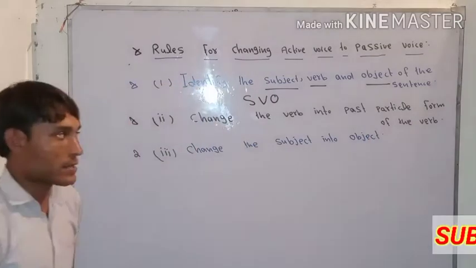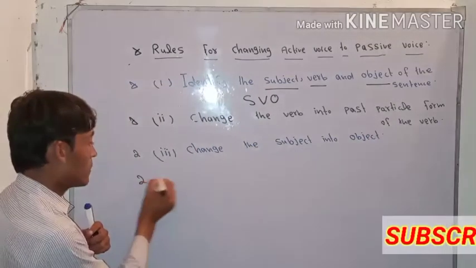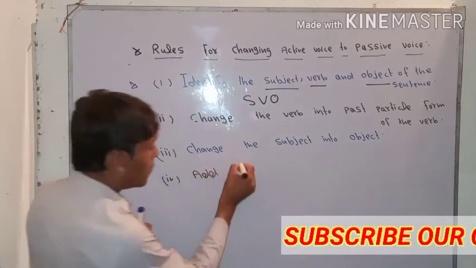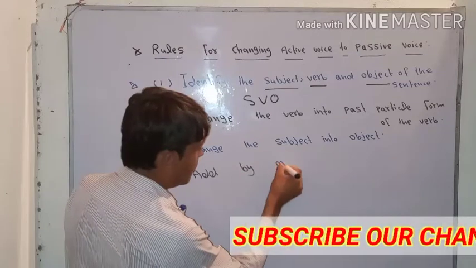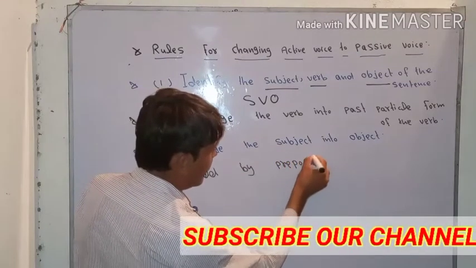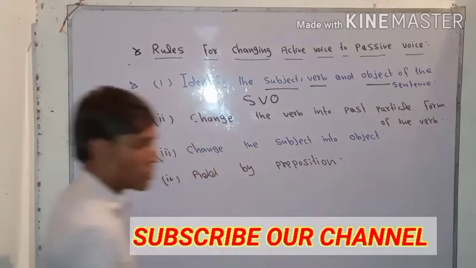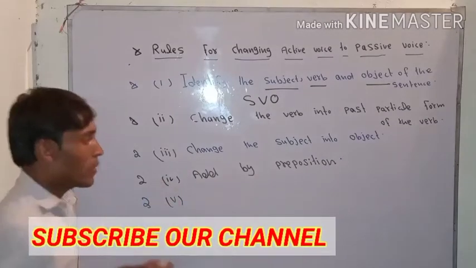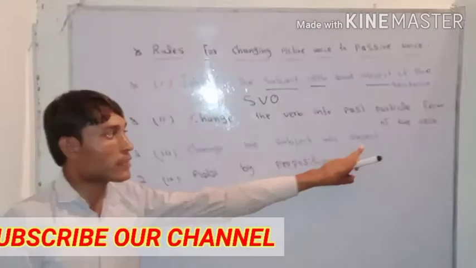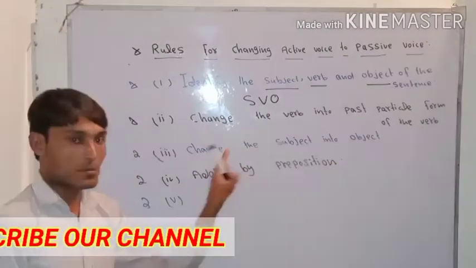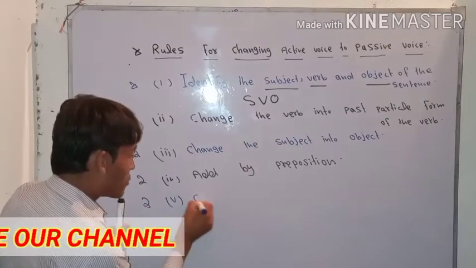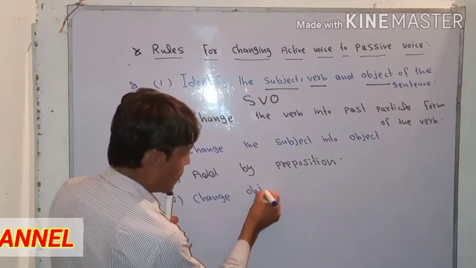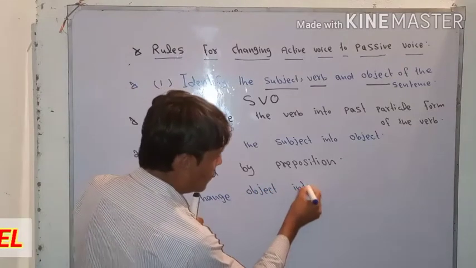The fourth rule is called add by preposition. The fifth rule is that we have to change object into subject.